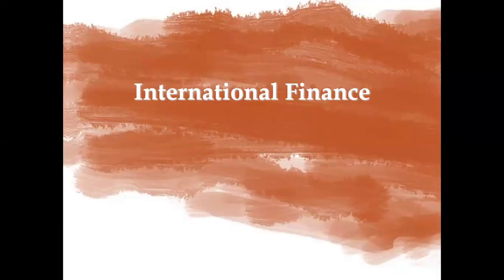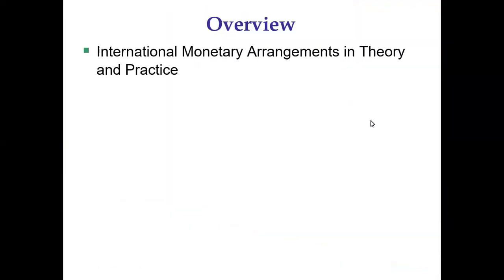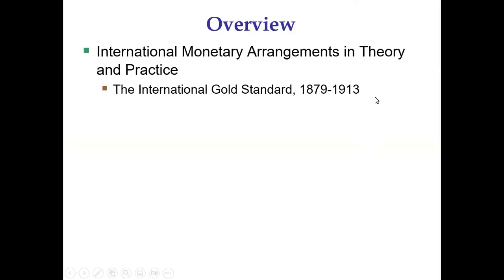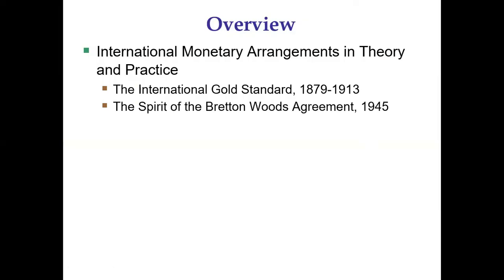When we talk about international finance, it's a complex situation and market. So let's understand the overview of international finance. International monetary arrangements in theory and practice. We'll talk about the development of the international market from 1879 to 1930, when we had the gold standard.